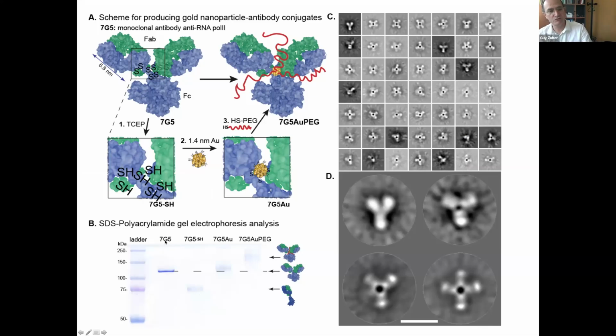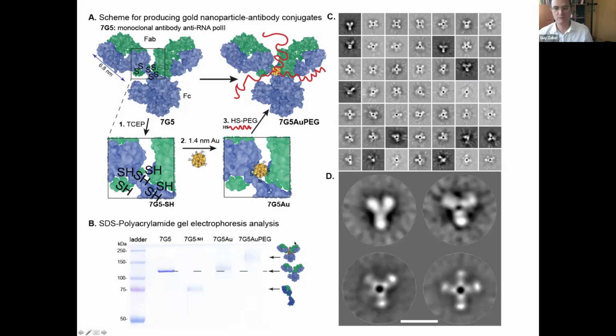So you take the full antibody, you reduce the disulfide bond here with TCEP to monothiol, you add the gold particles, and then you coat the remaining reactive ligand with polyethylene glycol. And you can really follow the reactions here.